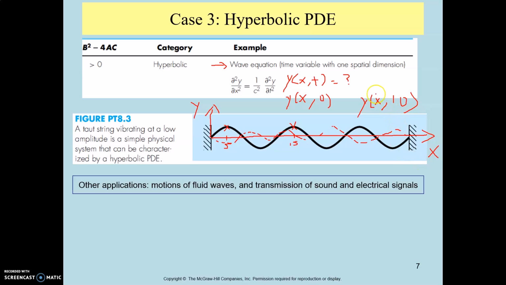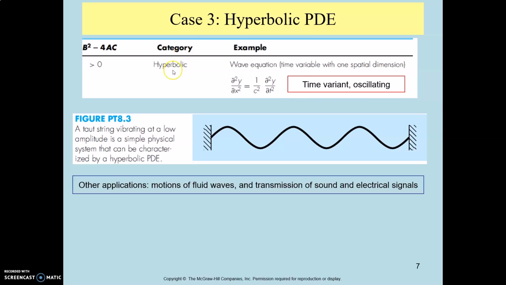So x is the location in the x dimension here, and it predicts the change over the time. When we solve the hyperbolic PDE, we expect the solution to be time variant and also oscillating. This can be applied to other applications, such as the motion of fluid waves, as well as the transmission of sound and electrical signals.